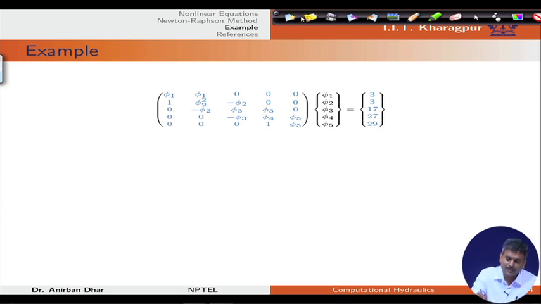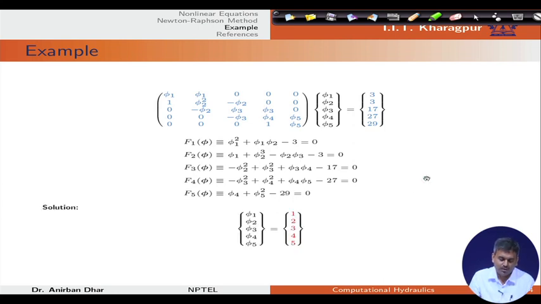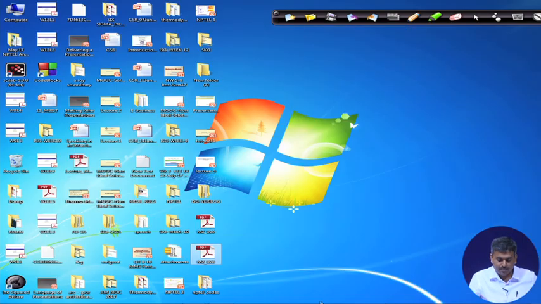Now, if we simplify this, we can write it in terms of f 1, f 2, f 3, f 4, f 5. The solution you already know for this system is 1, 2, 3, 4, 5. Now, let us see how to solve this problem using the Newton-Raphson approach with our Scilab programming.